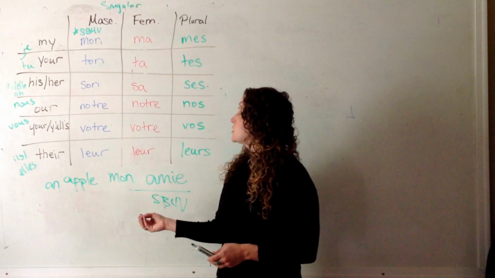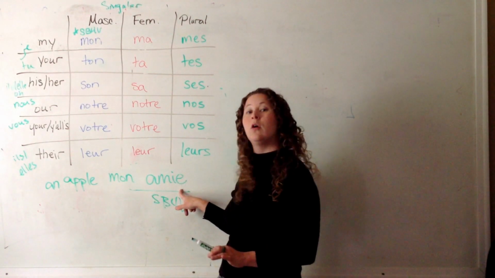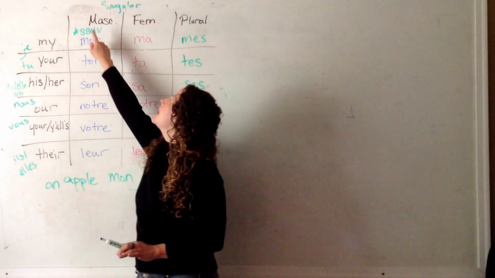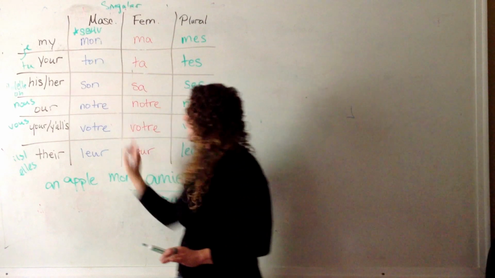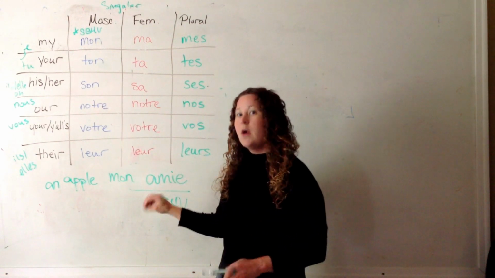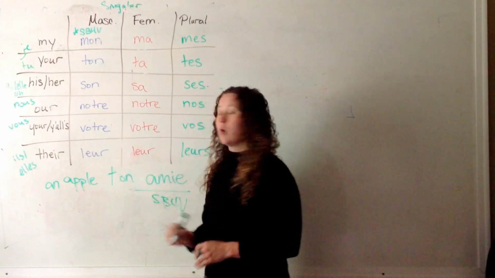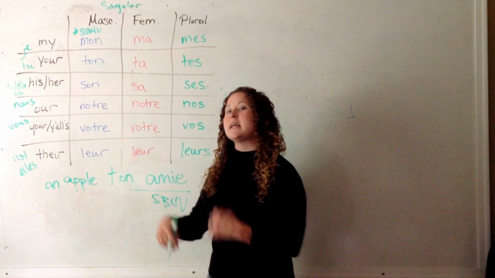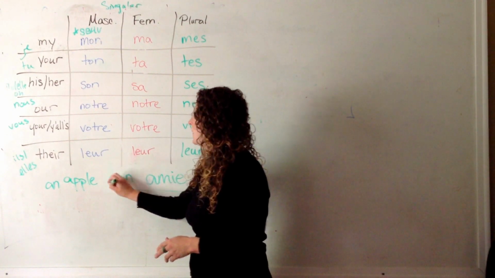So if I wanted to talk about my friend, whether it was a guy or a girl, I have to use the masculine form or the singular before a vowel form in order to break that up. So if I wanted to talk about your friend, it would be ton ami. If it was his friend, son ami.